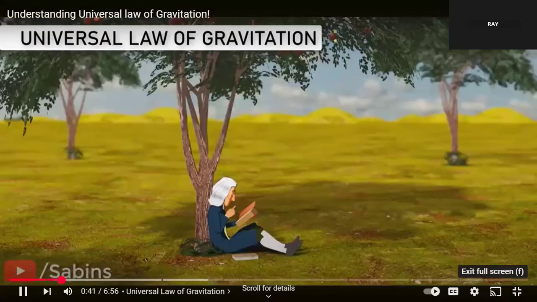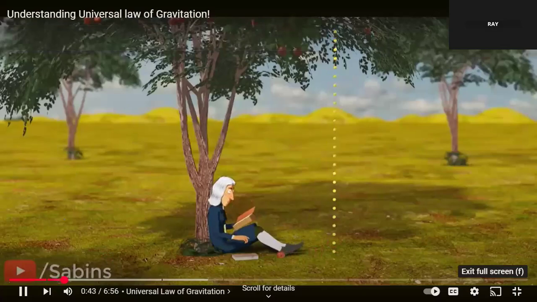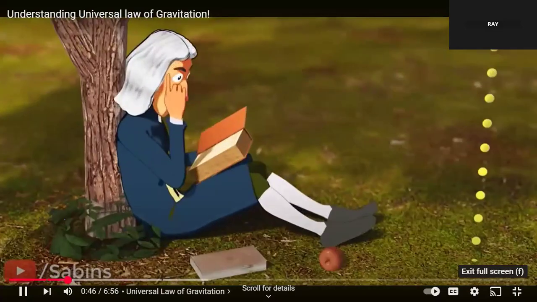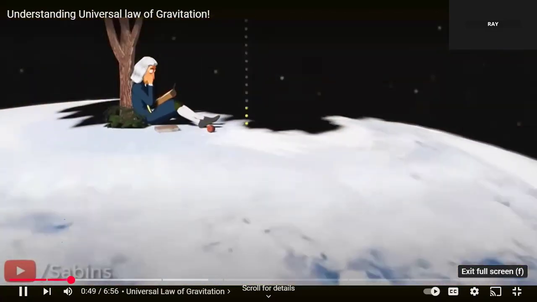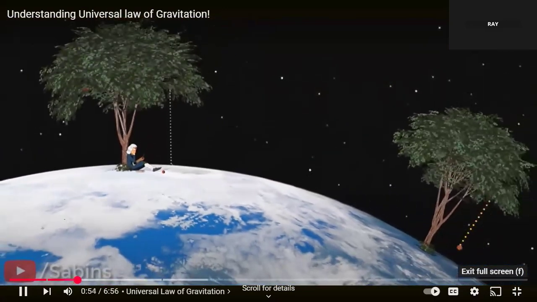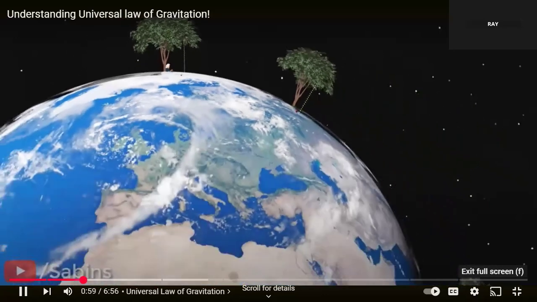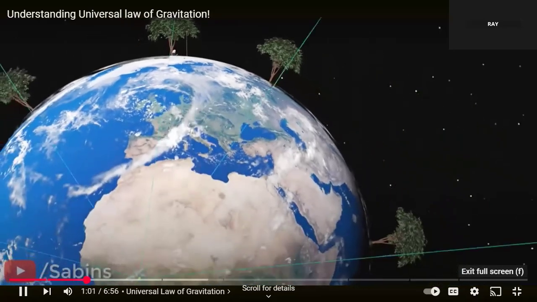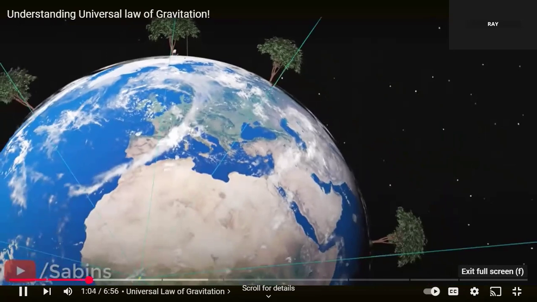As we all know the story, an apple fell down from a tree, which started Newton. Let's assume there is one more apple tree that is far away from the current tree, and an apple falls from it as well, as shown. If you analyze this way, it is clear that objects fall to the Earth in a radial direction, or the Earth attracts the objects radially towards the center.